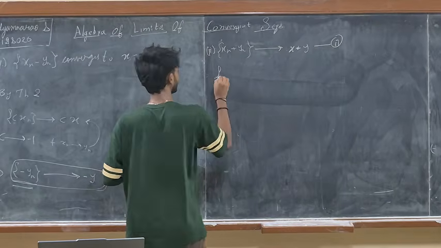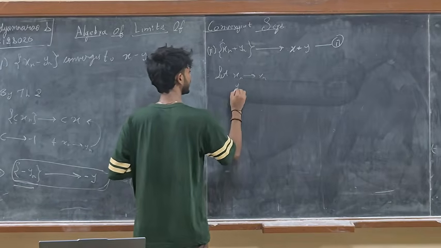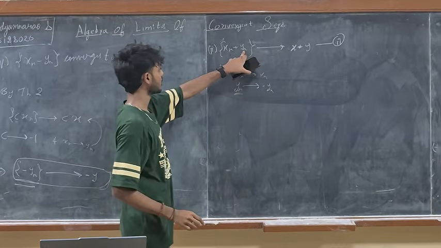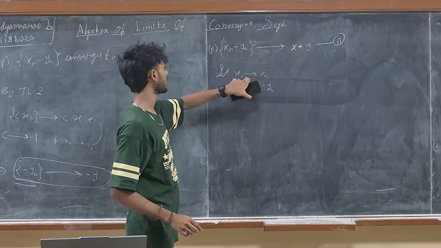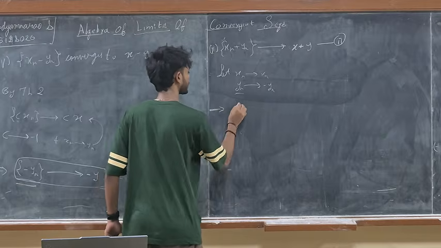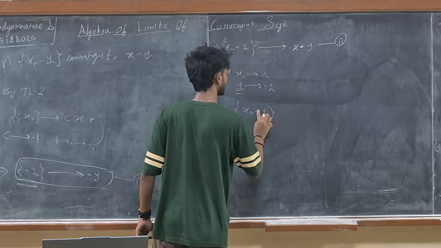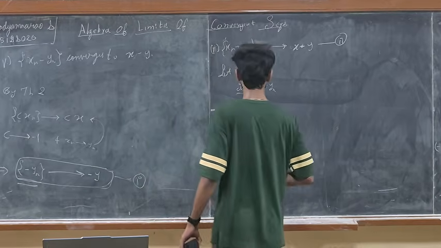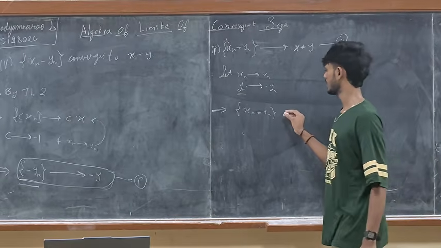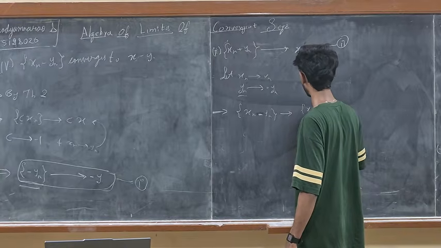Now let x_n be x_n, and this thing will be converging to the sequence.